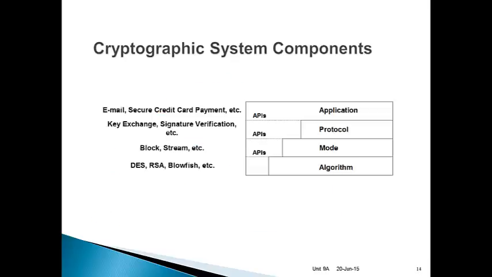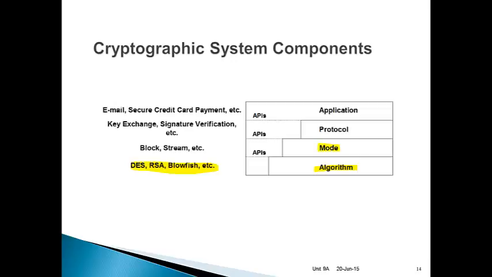Now, the components of a crypto system. I'm going to go over this kind of briefly, but keep in mind, at the very bottom, you have what we call crypto algorithms. And these are things like the Data Encryption Standard, RSA, Blowfish, AES, etc. These are things that you implement in software that takes basic units of plain text, turns it into ciphertext, and can turn it back. And then what you have is what we call cryptographic mode.